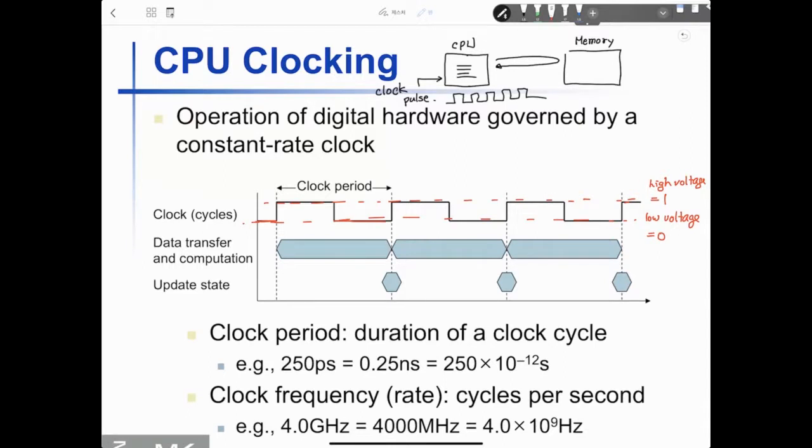The clock oscillates between 0 and 1 values. Generally the low voltage means 0 voltage, and the high voltage depends on the processor. It was 5 volts, but it was reduced to 3.3 volts, and then to 1.5 volts. It varies. Let's say this is 2 volts, for instance. So the clock oscillates between low voltage and high voltage.